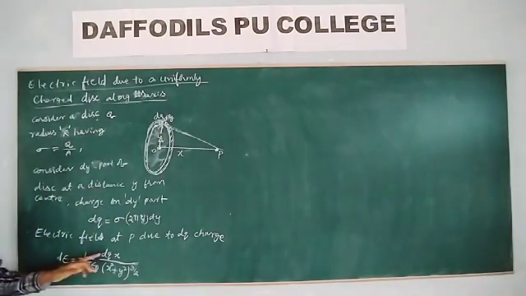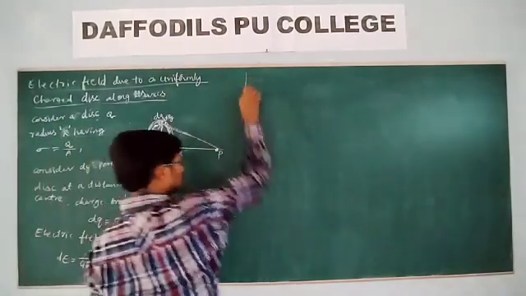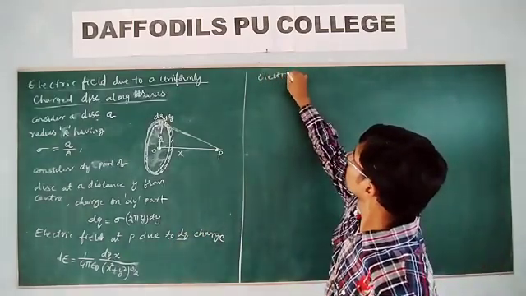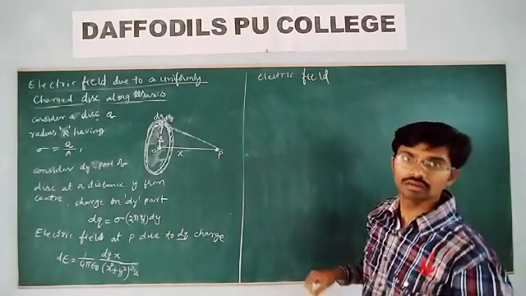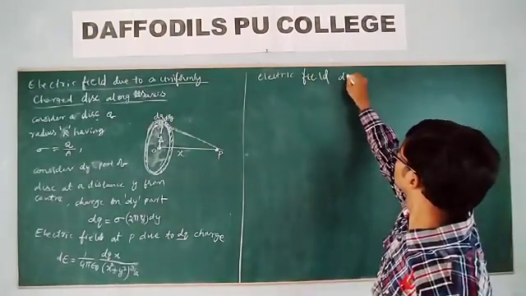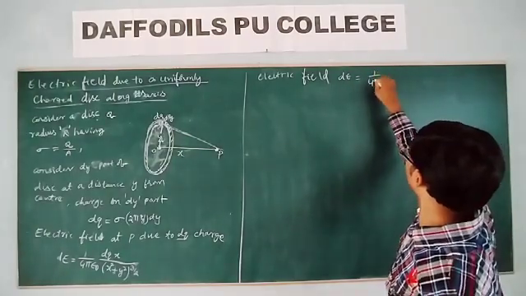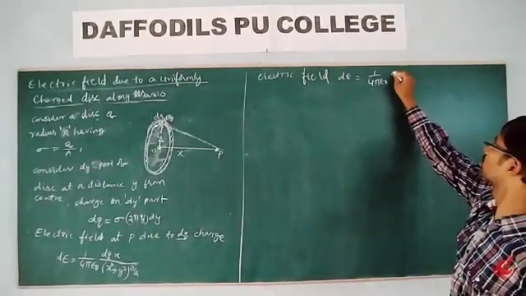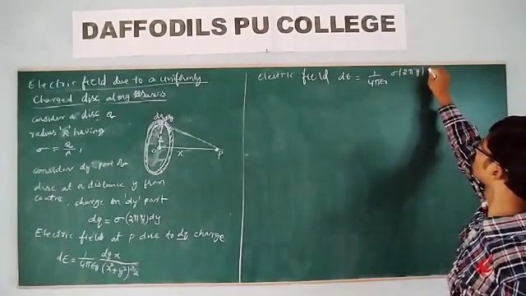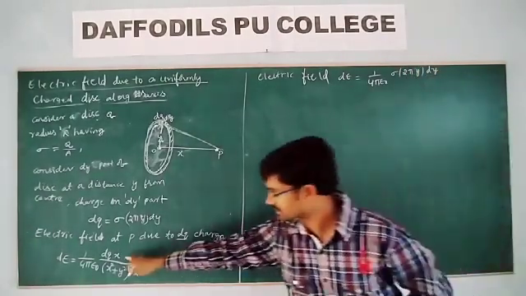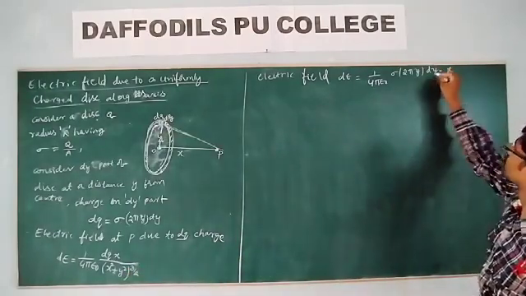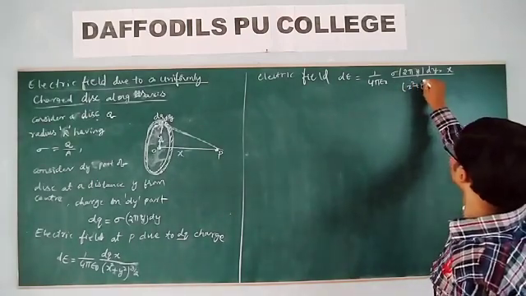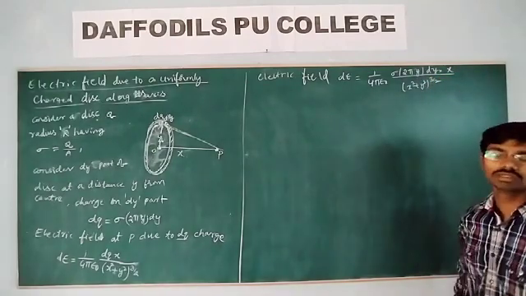Now you substitute the dq value here. What is the dq value? The small electric field due to dq charge, dE, is equal to 1 by 4 pi epsilon naught, dq is sigma into 2 pi y into dy, into x, by (x square plus y square) whole power 3 by 2. Is it?